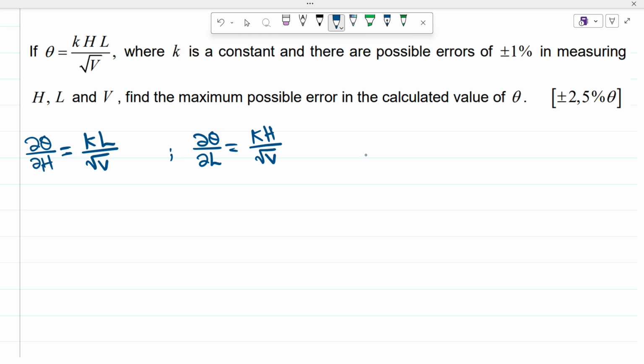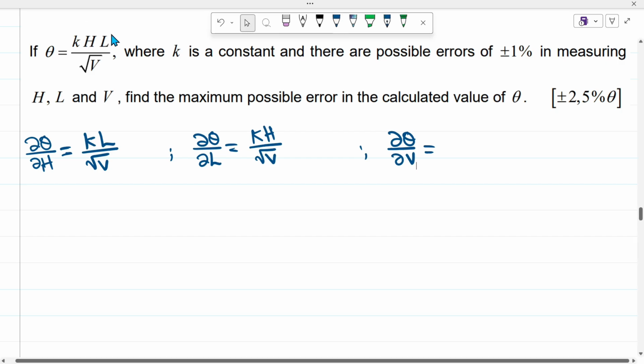And then we do that again, we differentiate partially with respect to v. Meaning k, h, l are now constants, and we're just differentiating with respect to v. So you can take v up there, it will become v to the power negative 1 over 2.